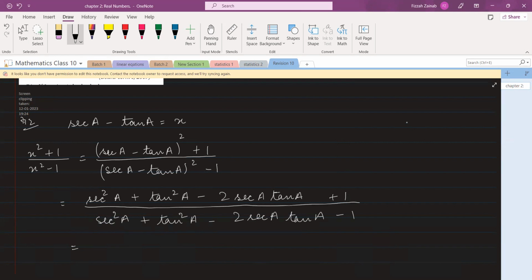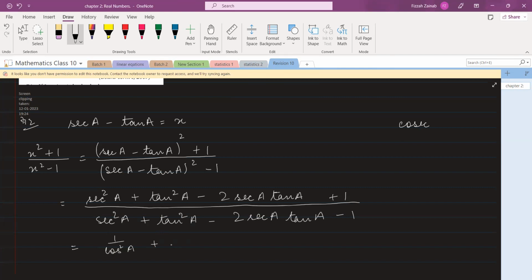So you need cosec. That means 1 upon sine. If I convert everything first of all into sine and cos, I think it will be simpler after that. Yeah, so sec is 1 upon cos.